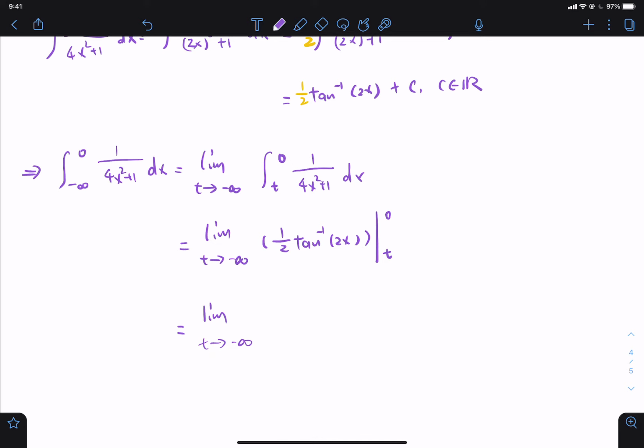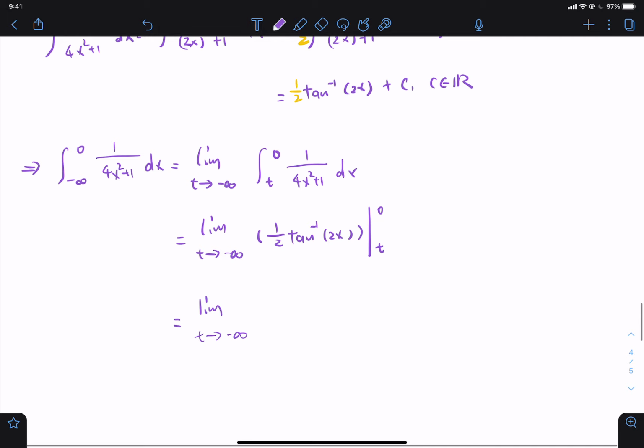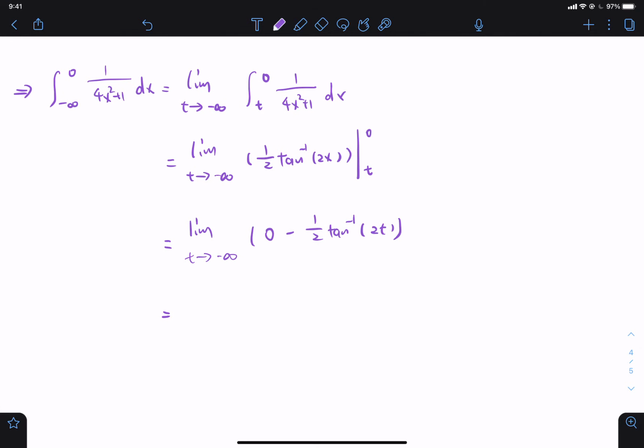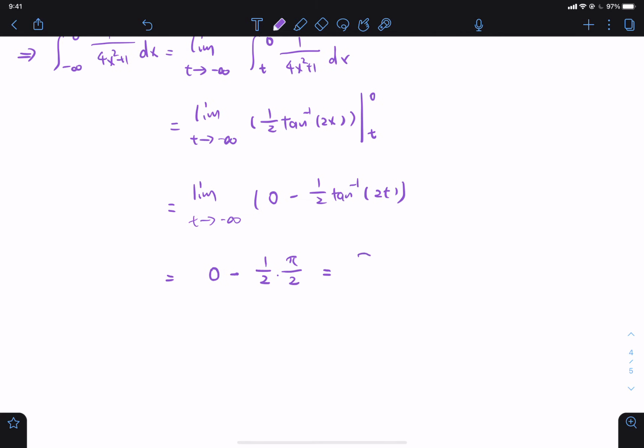Plugging in 0, we get 0. And plugging in t, we get 1 over 2 tangent inverse of 2t. By the property of the inverse function, when t goes to negative infinity, this goes to negative 1 over 2 pi. So this is 0 minus 1 over 2 times negative 1 over 2 pi.